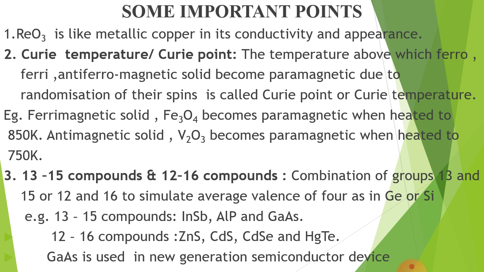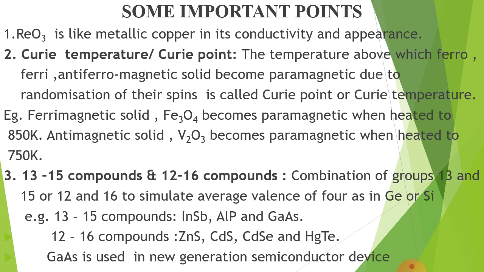Second point, Curie temperature or Curie point. It is the temperature above which a ferromagnetic, ferrimagnetic or antiferromagnetic solid becomes paramagnetic. This is due to randomization of their spins, and is called Curie temperature or Curie point.